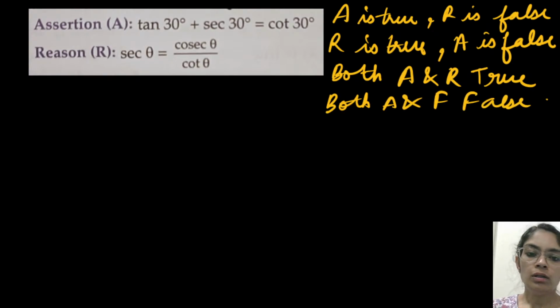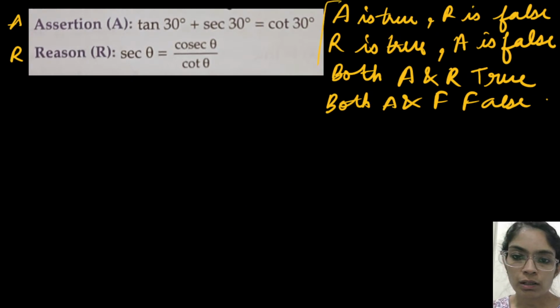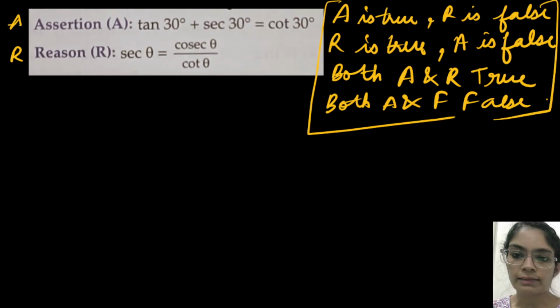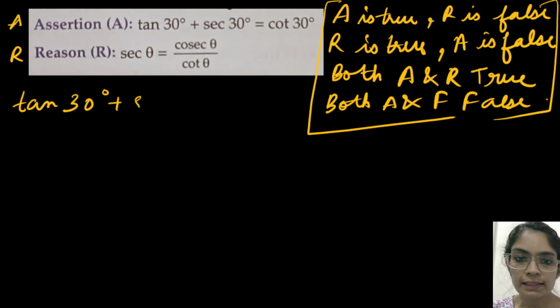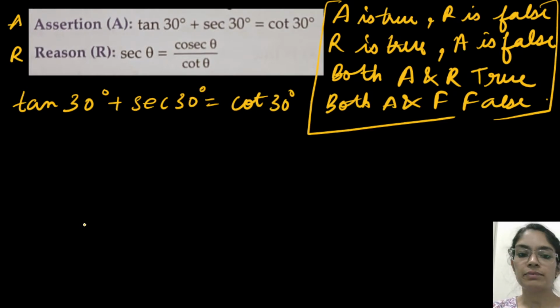Okay, so two statements are there. First is statement A, then statement R. Assertion and reason, we just have to see each statement and based on the options we have to answer it. So let's check. The first statement given to us is tan 30 plus secant 30 is equal to cot 30. So we just have to simplify this.